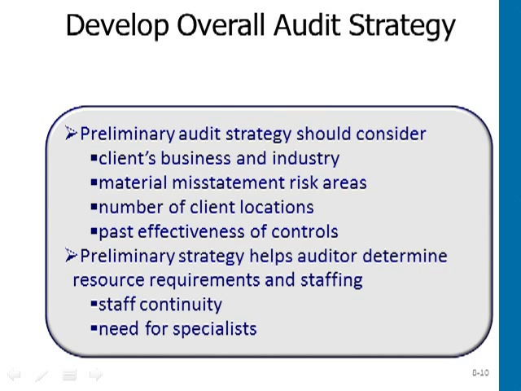These are complex transactions where there are subjective estimates that are involved that may be difficult to understand, that may just make them inherently risky from a user standpoint. We look at the number of client locations. Are they in a foreign country? Do we have access to those operations, or do we have to rely on the work of other auditors? And then we want to look at past effectiveness of the controls in place.